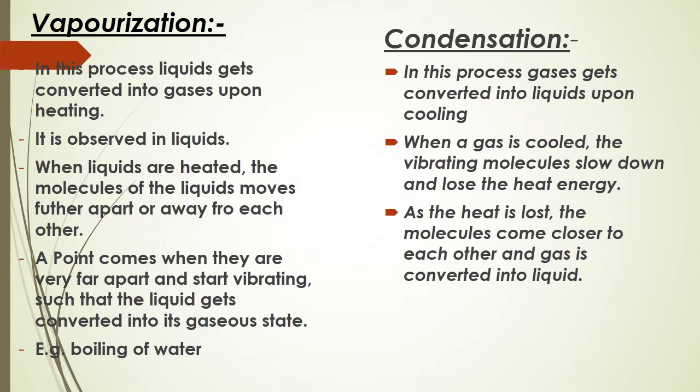As slowly the heat is lost, the molecules come close to each other and get converted into liquid. An example is when we see boiling water and the gas is switched off or the heat supply is cut off, then after some time we cover a lid over the vessel. After some time we see that the vapors cool down and we can see small droplets of water on the lid. So this process is condensation.